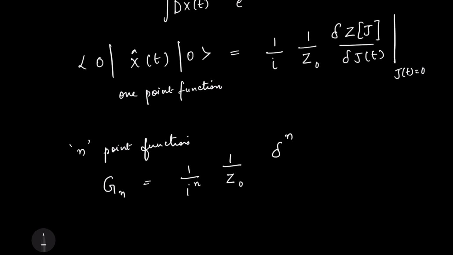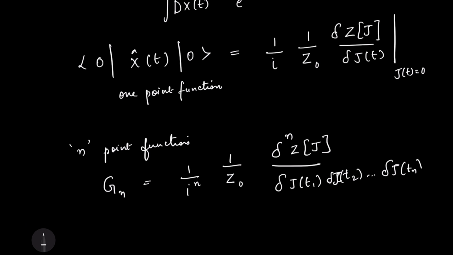N derivatives of z of j, with respect to j of t1 and with respect to j of t2, up to j of tn, and then put j equal to 0. That will be the n-point function.